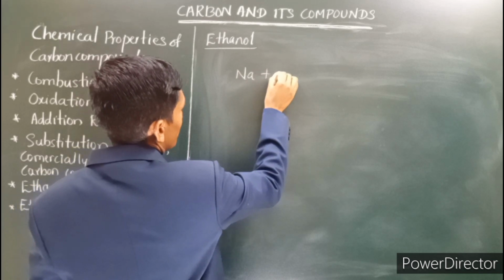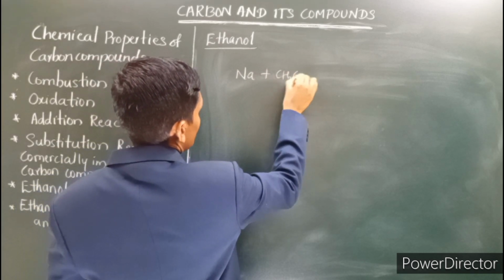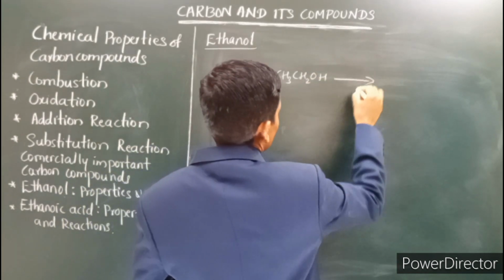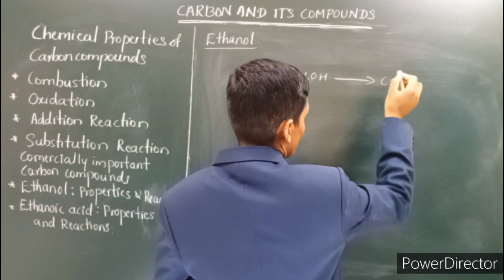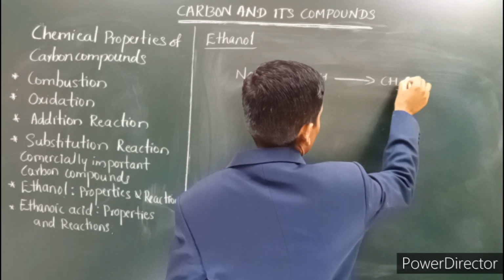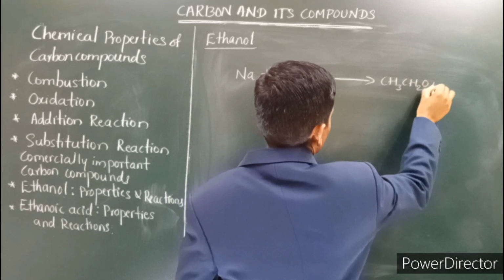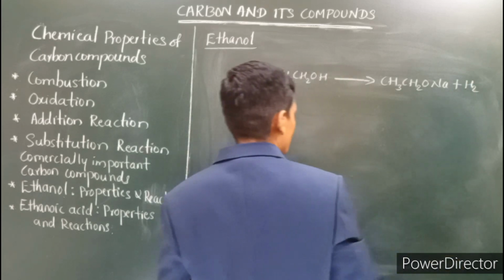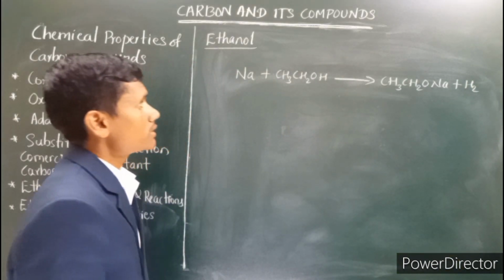Sodium plus ethanol, CH3CH2OH, gives one compound called sodium ethoxide, CH3CH2ONa, and along with it, hydrogen gas H2 is evolved.